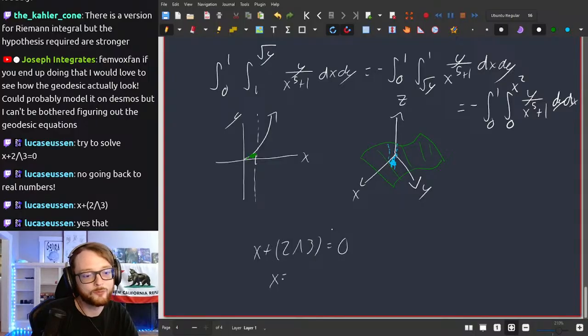So x equals, I guess basically x plus 4 equals 0. Or have I gone back to real numbers now?